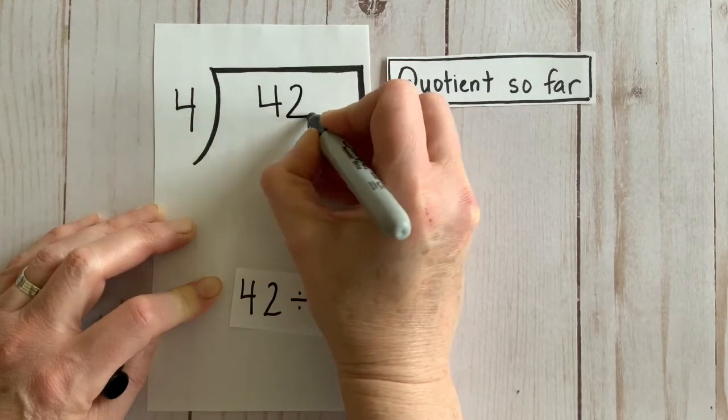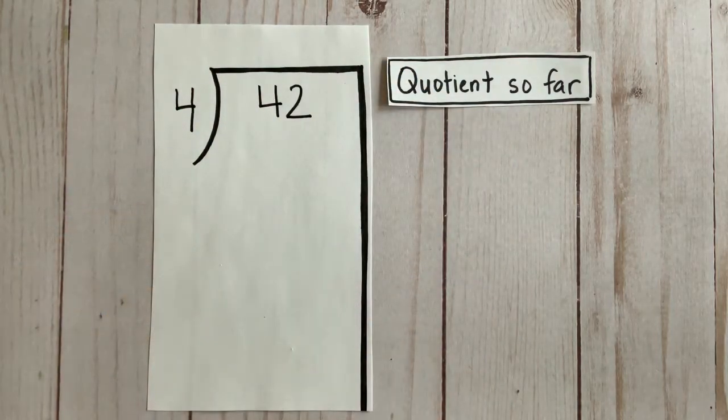When you use this method, you don't draw out your groups. We're going to skip that step. You just need to keep in mind the number that you are working with, in this case 4, and figure out a reasonable part of the dividend that you would put into each of these 4 groups. Skipping the drawing step will save you some time if you're ready.